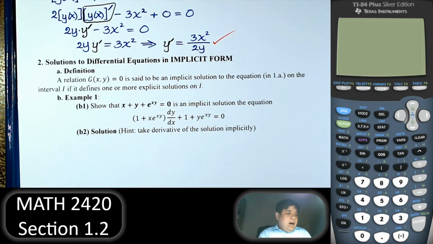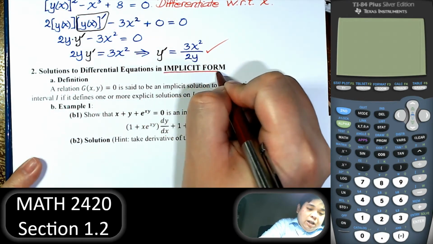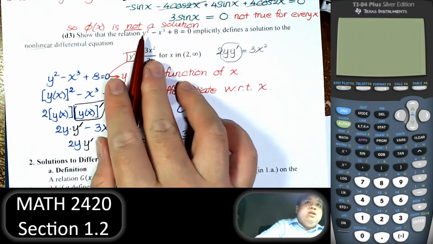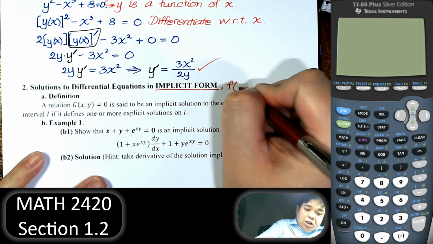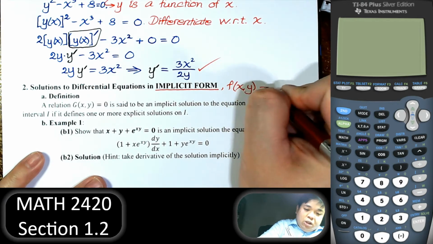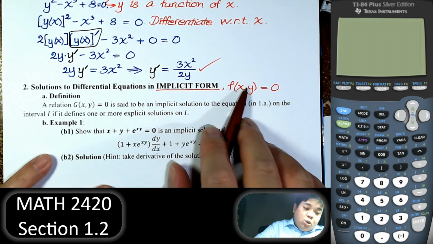So similar to that, this time we have the implicit form. In the implicit form, the equation is going to be something like some function of x and y equal to 0. So the implicit form may be just an equation equal to 0.